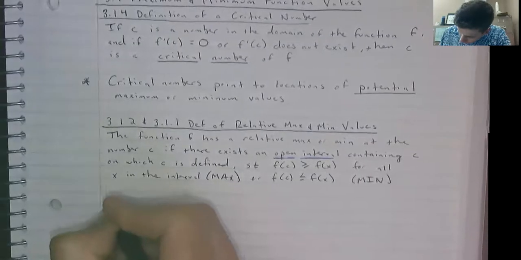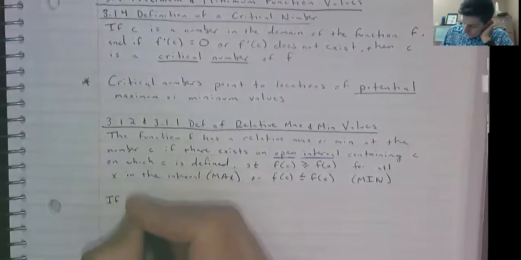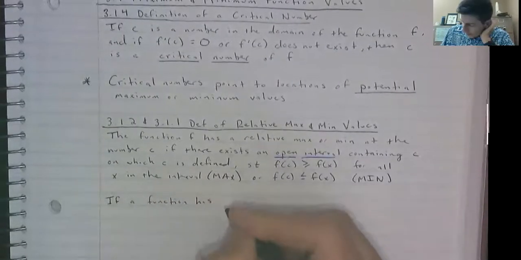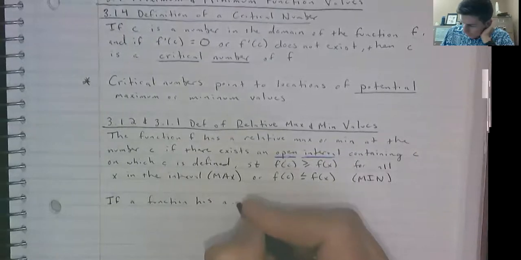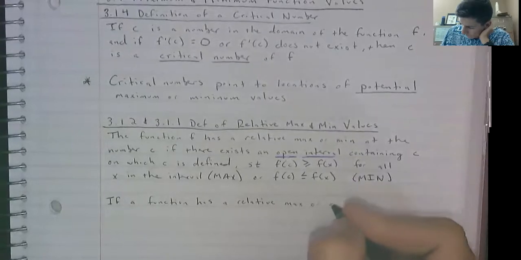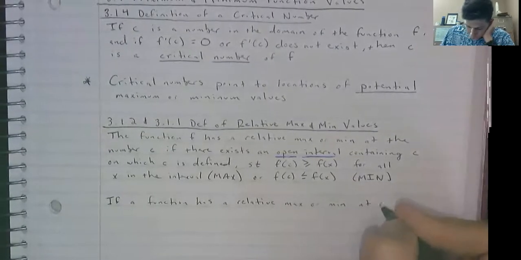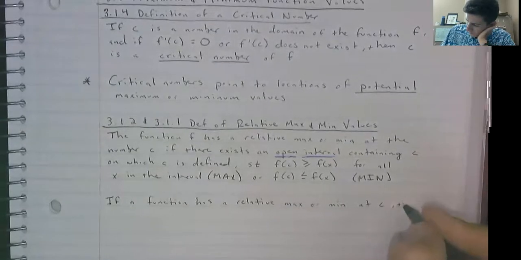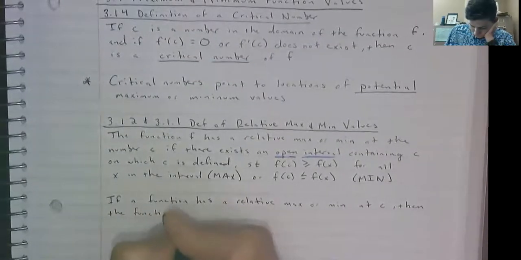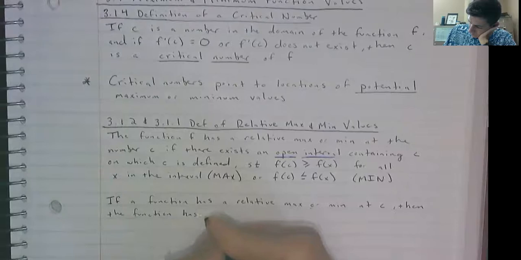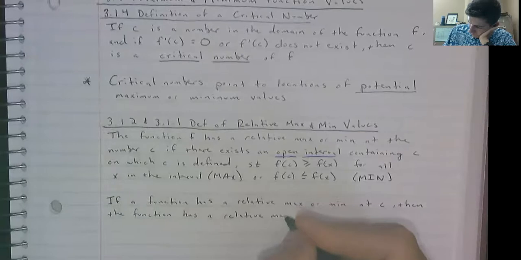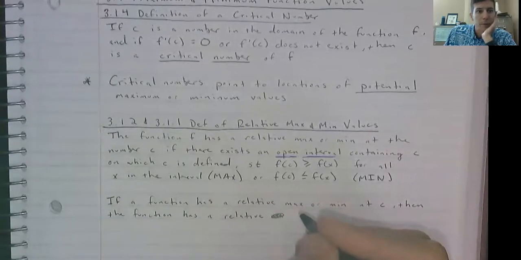So if a function has a relative max or min at a given number, at c, then the function has a relative extremum.